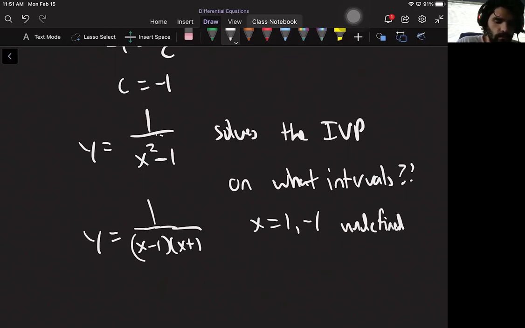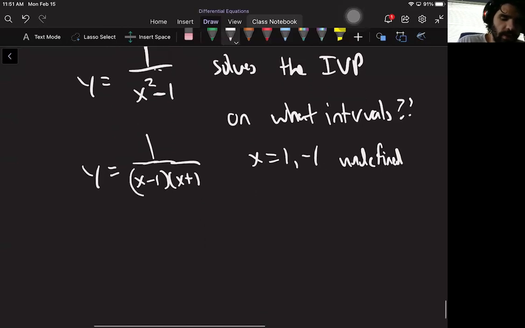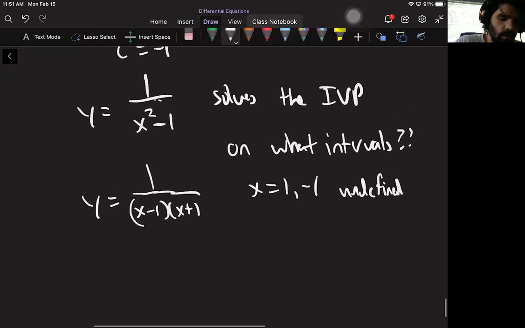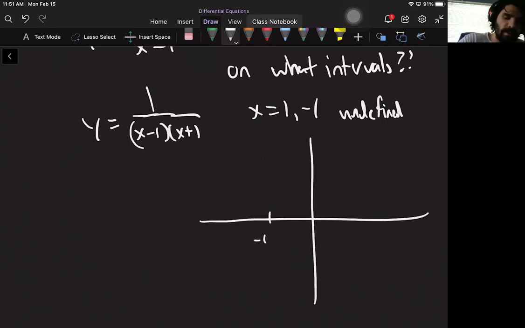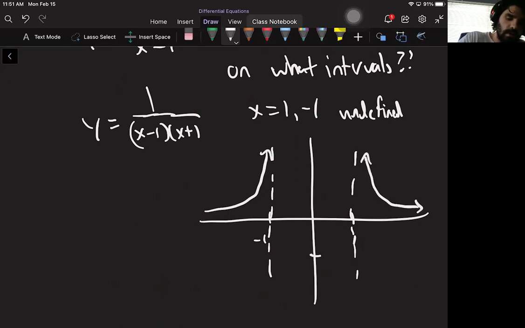But everywhere else is okay. And you don't have to remember how to graph it, but it'll help if you do, so I'll just do it. So the graph looks something like this. And then here is 0, -1.